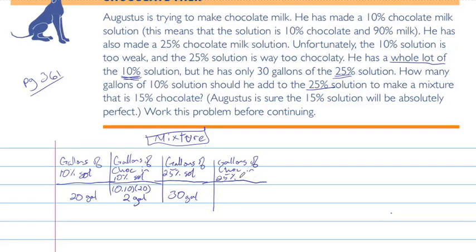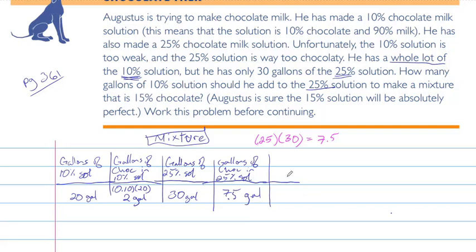So these two columns are going to stay constant. All right, and if you want to figure that out, come over to the side somewhere and say, alright, well, 25%, which is 0.25, times the 30 gallons, plug that into your calculator and you get 7.5 gallons.